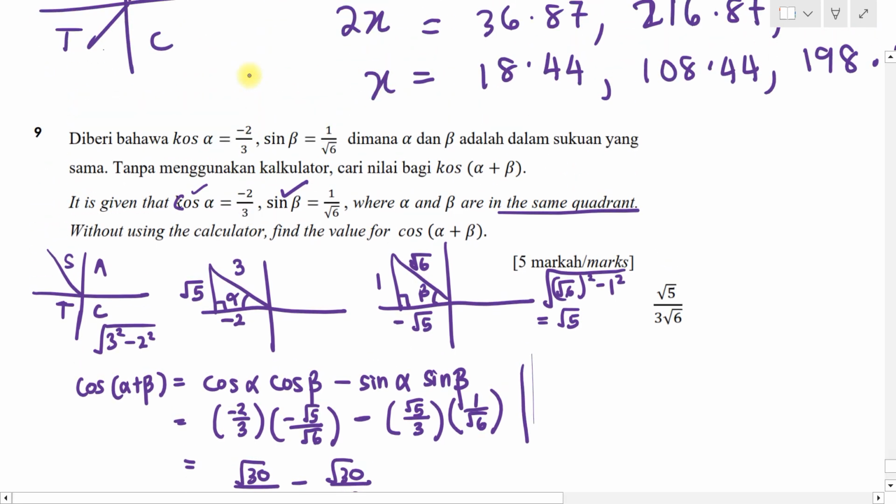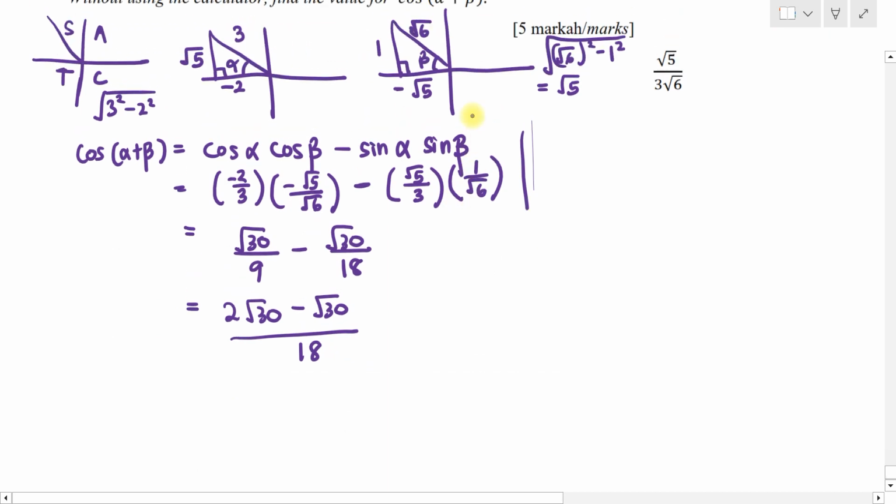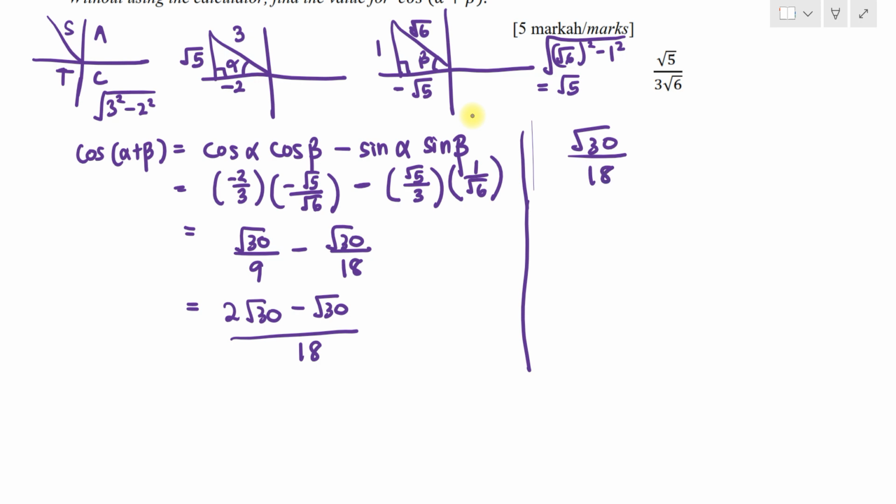So the answer: 2 square root 30 minus 1 square root 30, so 1 square root 30 over 18. We try to simplify, but unfortunately we cannot simplify that. When you do it in the calculator, that should be the answer, square root 30 over 18.